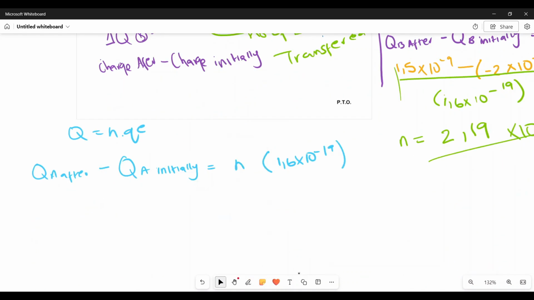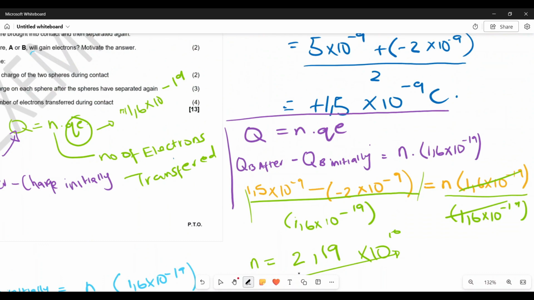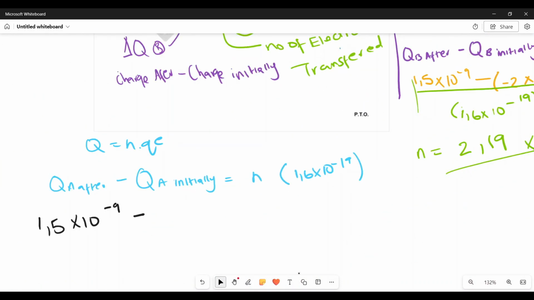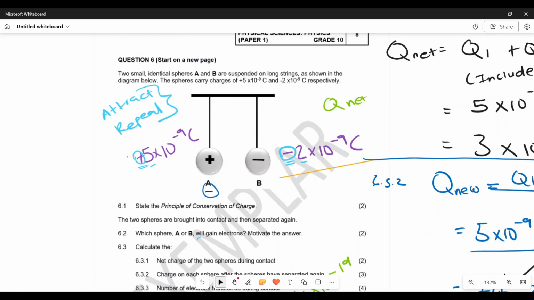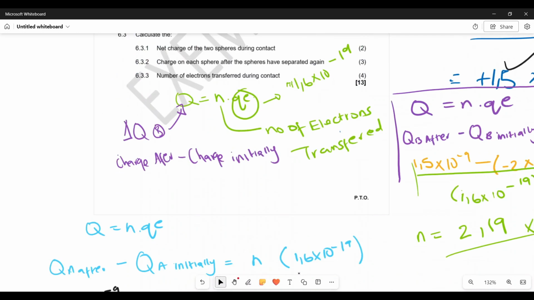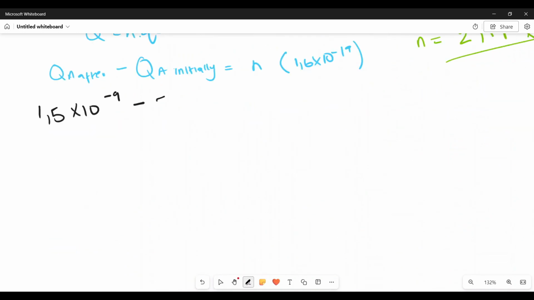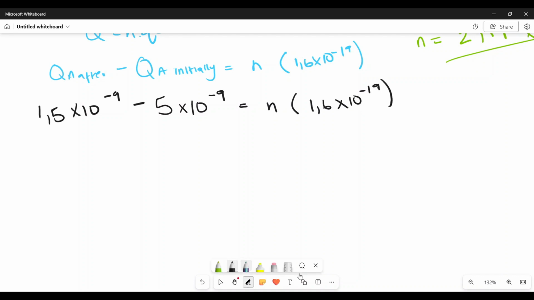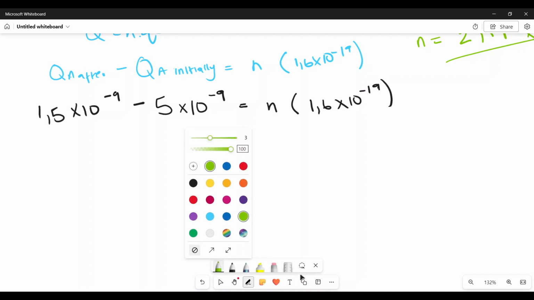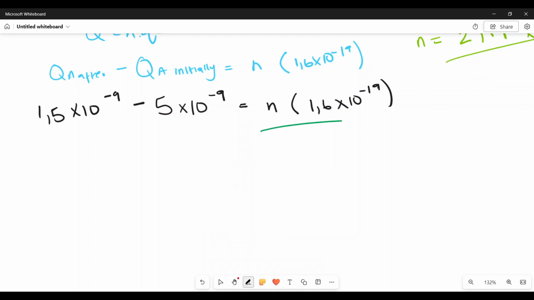Now, my QA after, remember I said the new charge on each after is going to be 1,5, minus the initial charge, which was 5 times 10 to the power negative 9, so it was positive. This is equal to N multiplied by 1,6 times 10 to the power negative 19. Because I'm looking for N and it's multiplied to this 1,6 times 10 to the power negative 19, I'm going to divide both sides by 1,6 times 10 to the power minus 19, so that these two could cancel out.